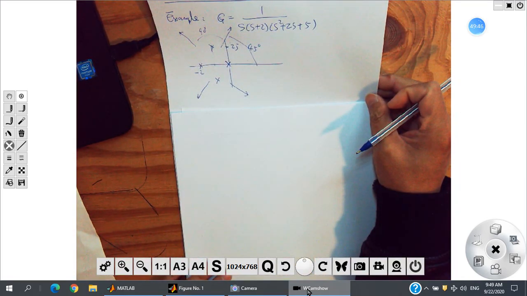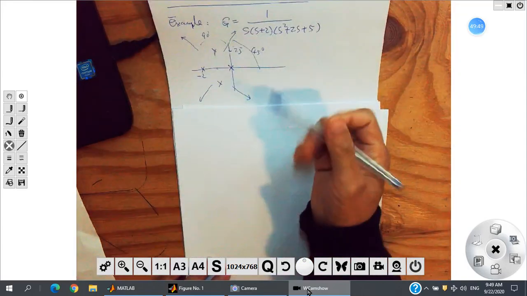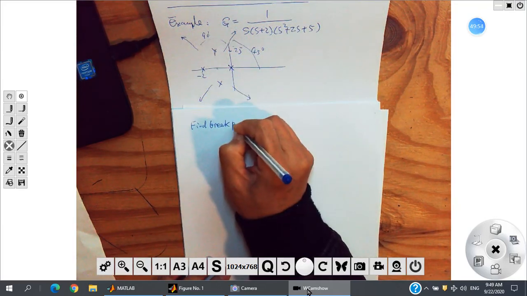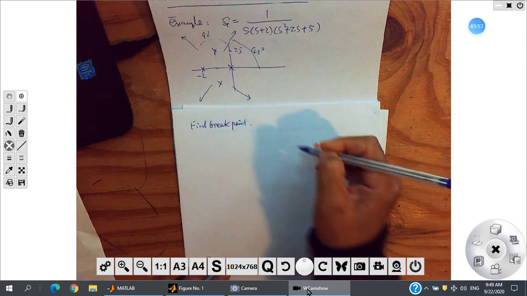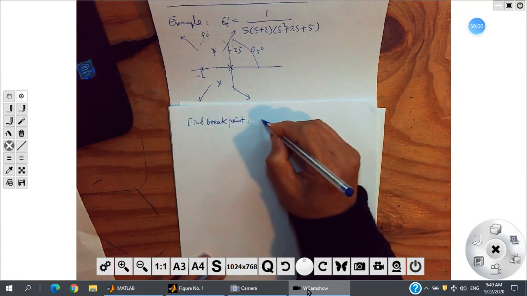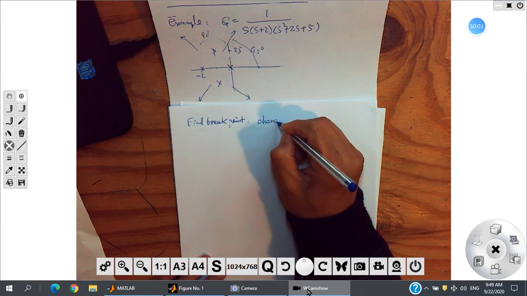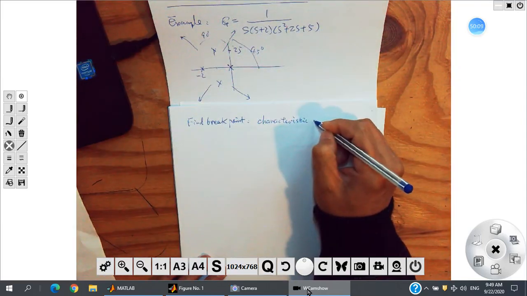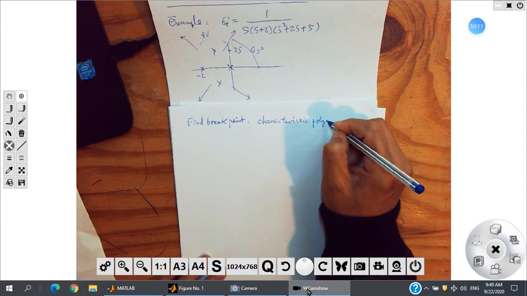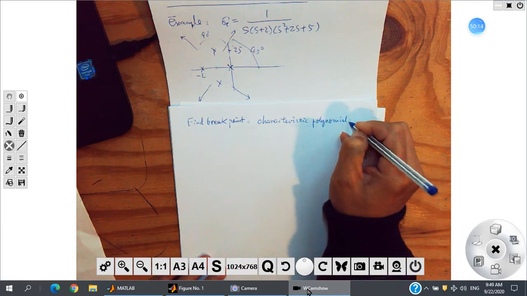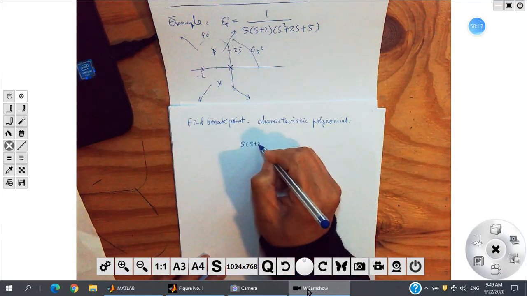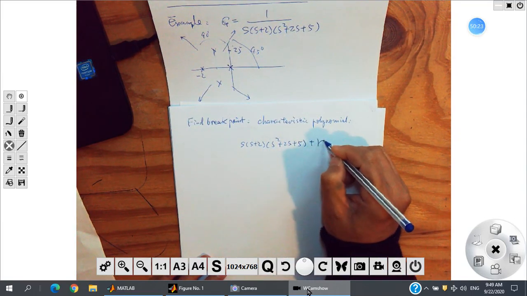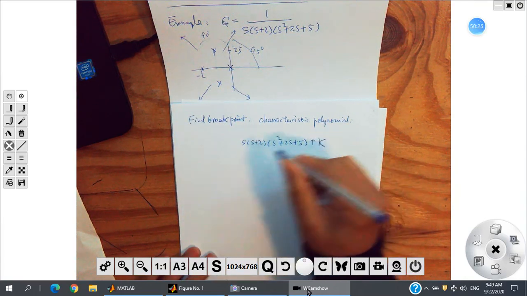Break point. First find the break point. You need to calculate. We need to check the characteristic polynomial. It will be s plus 2 times s squared plus 2s plus 5, plus k, right? This is the denominator of the whole overall transfer function.